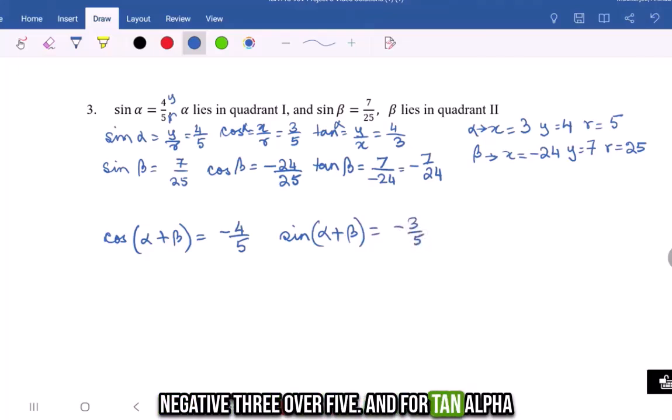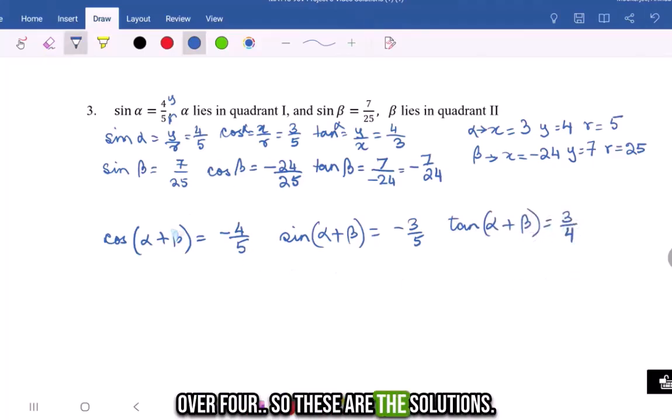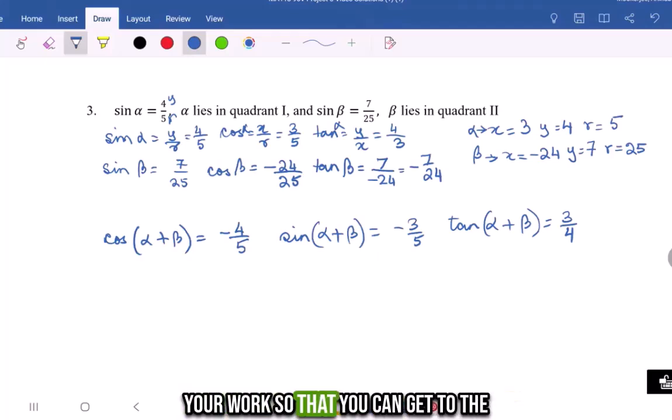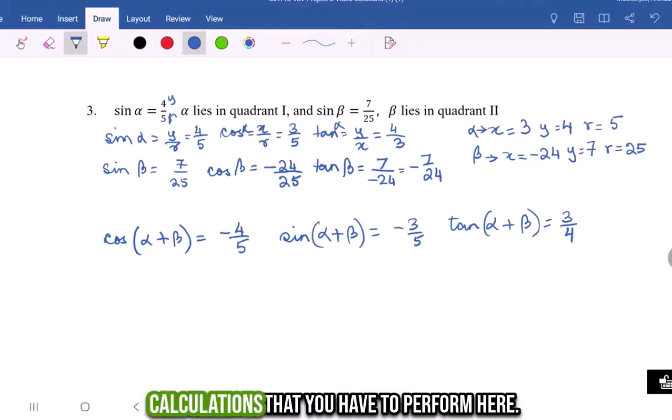And for tan alpha plus beta, you should get an answer of 3 over 4. So these are the solutions. Please work all the steps clearly, space out your work so that you can get to the correct answer, because there are several calculations that you have to perform here.